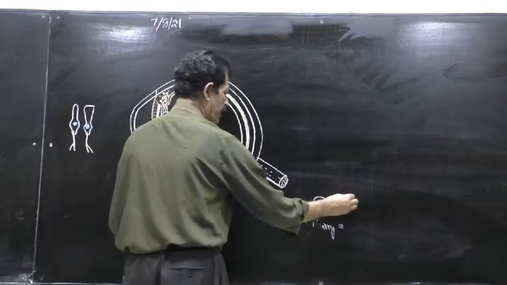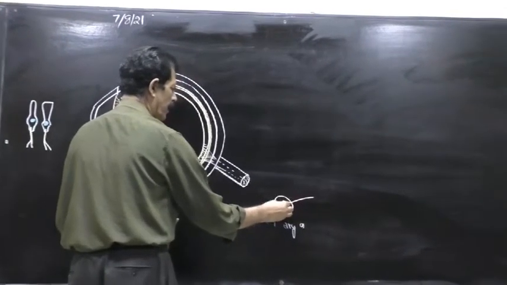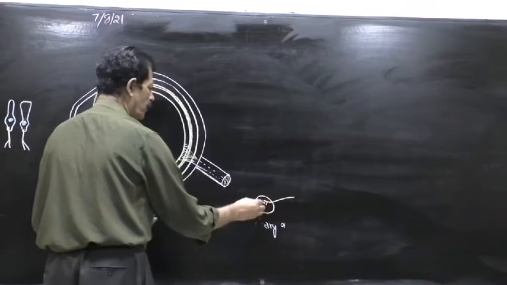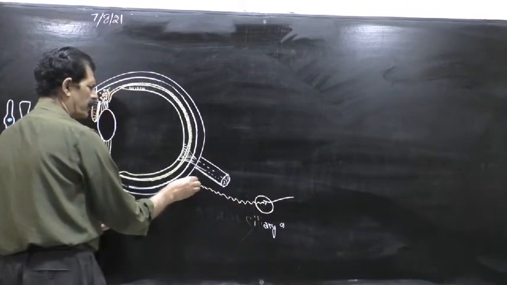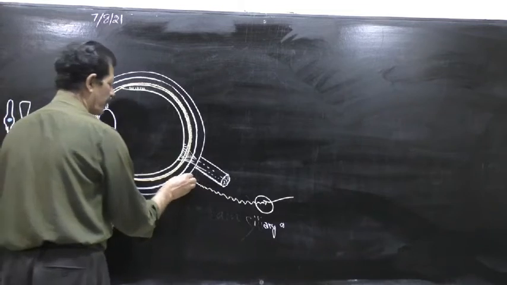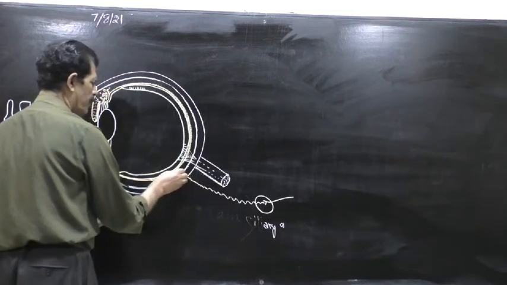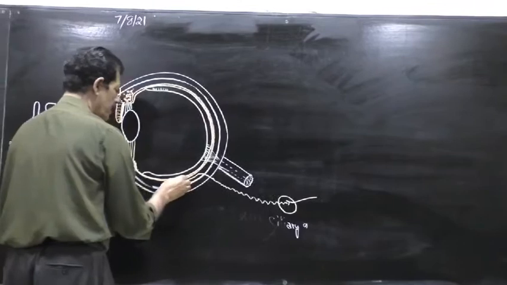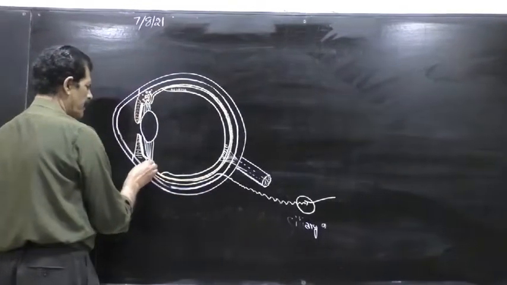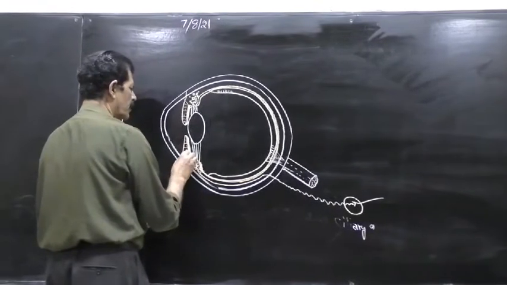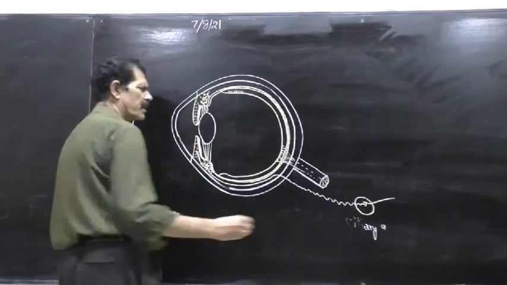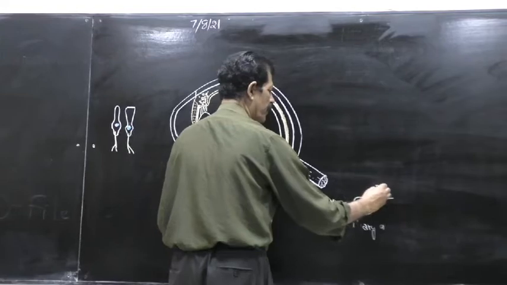So the parasympathetic fibers relay in the ciliary ganglion. The postganglionic fibers of parasympathetic, as short ciliary nerves, pierce the sclera. They go into the choroid and they supply the ciliaris and the circular muscles in the iris. So these are the parasympathetic fibers.